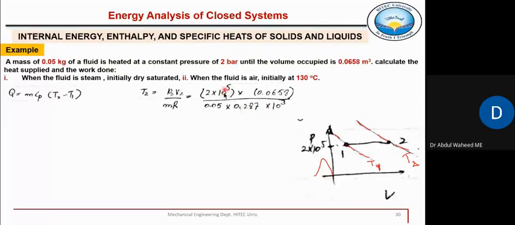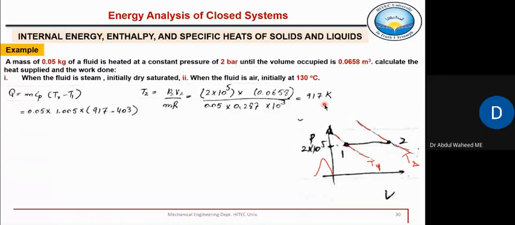So here it is Pascal, so that's why it is 287 or 0.287 into 10 to the power 3. That is the gas constant for air. Okay, so from here we can find out temperature. Temperature will be in Kelvin because it's a single T. Answer will be in Kelvin by default.